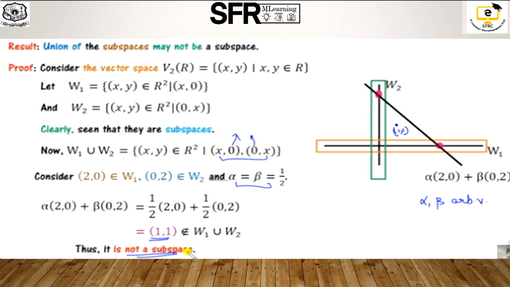We have the point x comma 0 and the point 0 comma y. If we take the union, we do not have the sum of elements from v1 and v2 or w1 and w2. Hence the vector addition condition is not satisfied. Therefore, the first condition fails. Therefore, the union of two subspaces need not be a subspace.